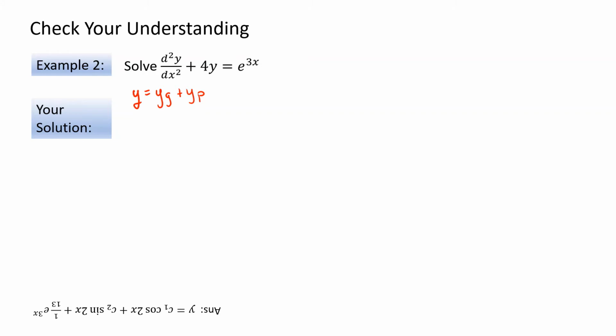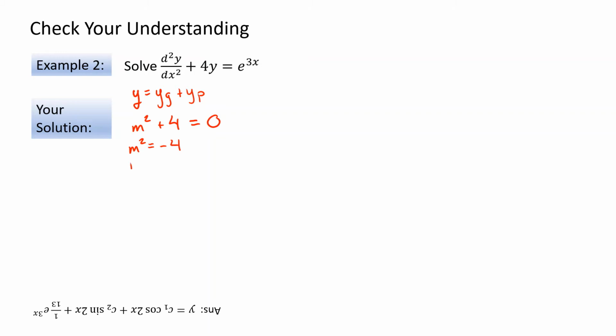So we have m squared for the first term plus 4, okay, because we do not have a first derivative in this, so we don't have a term, just m. And remember, we're finding the homogeneous solution, so that's equal to 0. So if I solve for this, I move the 4 to the other side, I get that m squared is equal to negative 4.